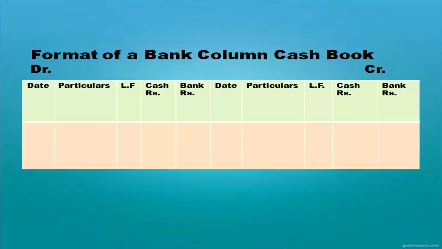Here is a format. Just like a simple cash book, one more column I have added for the amount, that is the bank column. Date, particulars, ledger folio, cash amount column and bank amount column on both sides, one on the debit side and one on the credit side.